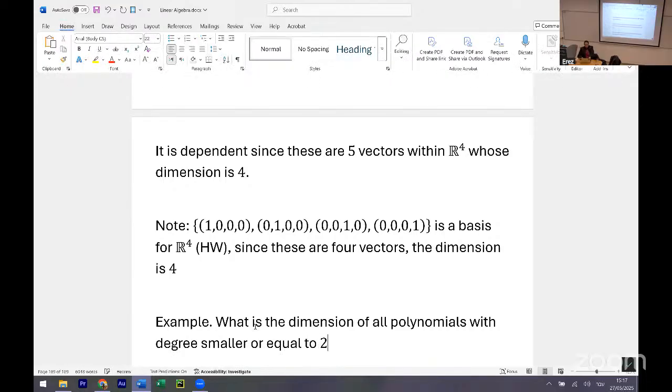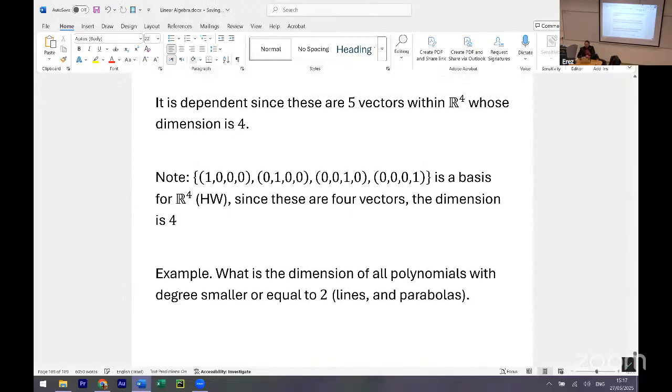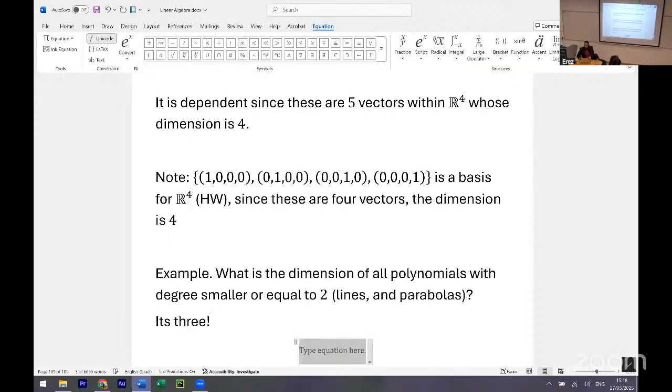Basically, it's lines and parabolas. Quadratic functions. So what would be the dimension of all polynomials? Is it 3 or 2? That's the question. It's 3. Why? Because you have x to the 2, x to the 1, and x to the 0.